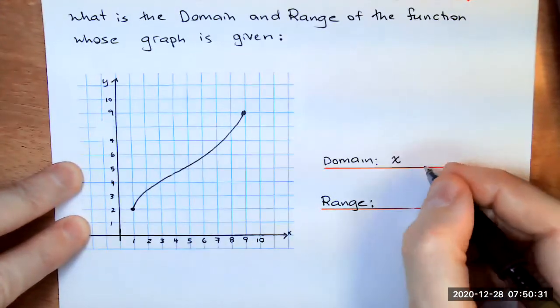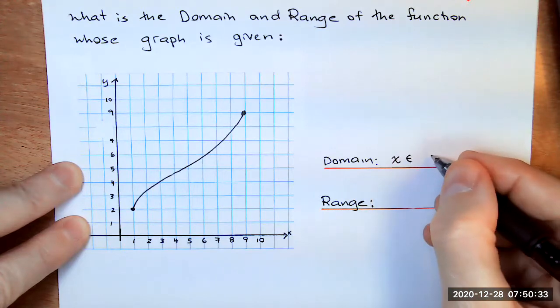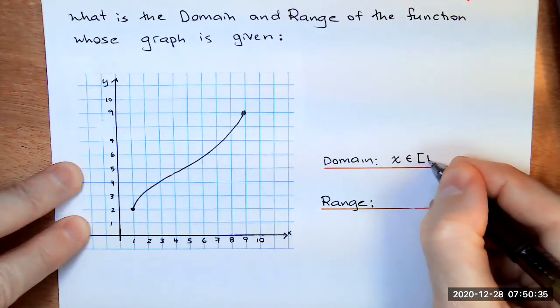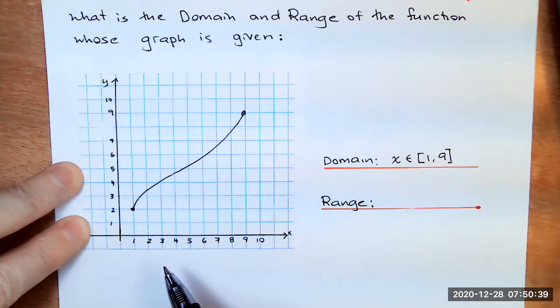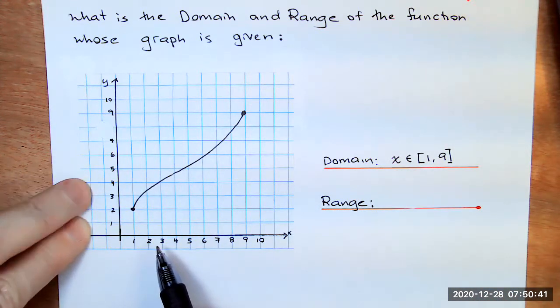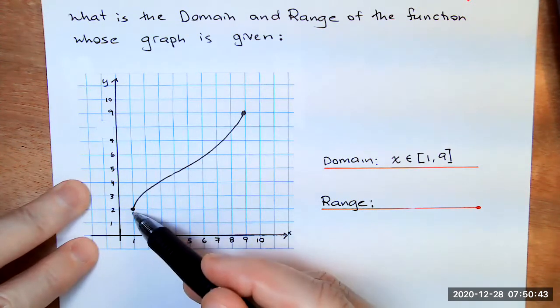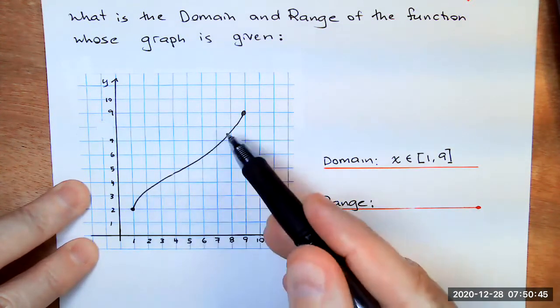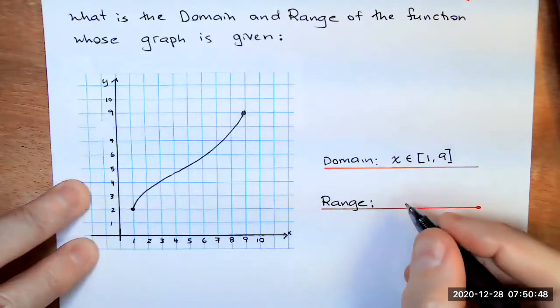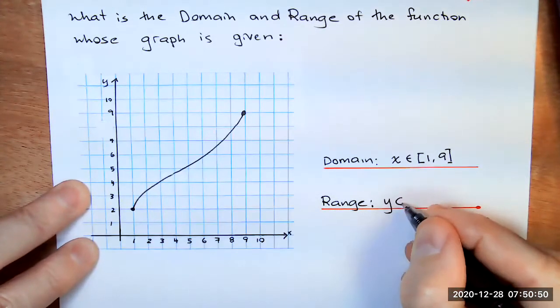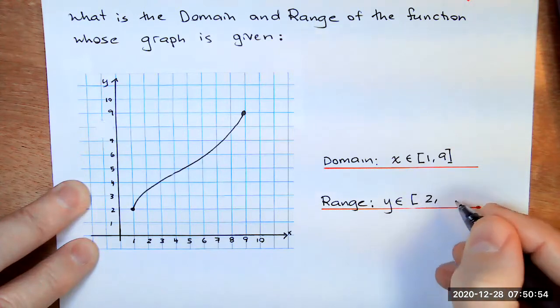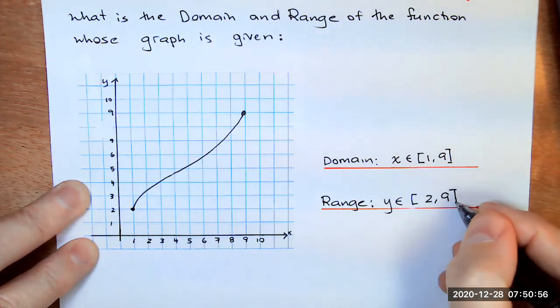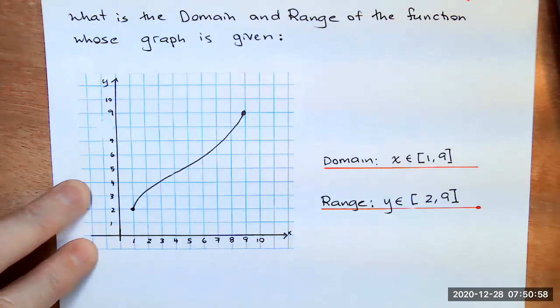So you could say x is an element of the set from 1 to 9. What's the range of this function? Well, the lowest y value is 2. The highest y value is 9. So y is an element of the set from 2 to 9. Let's try another.